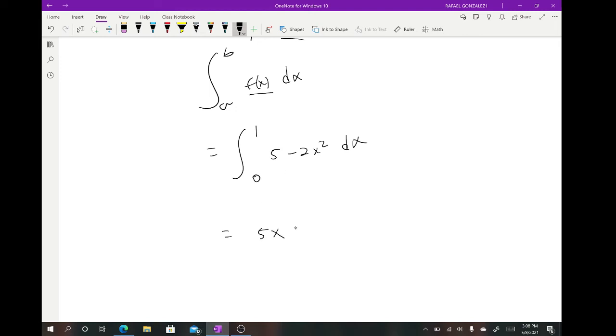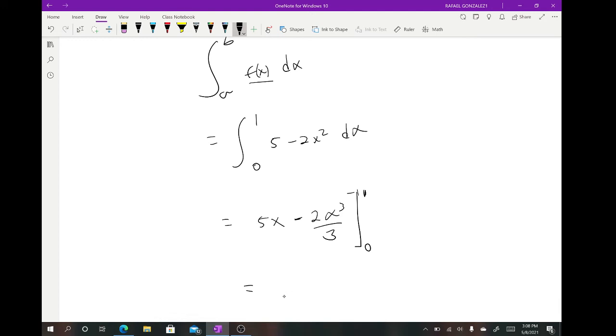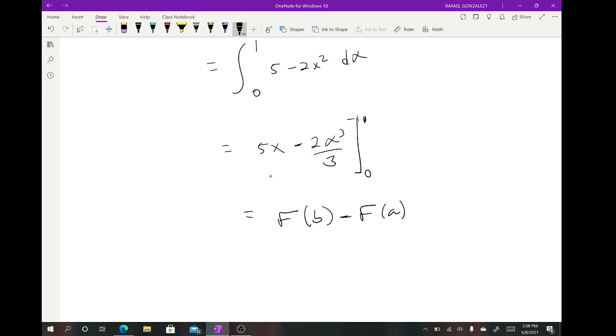The antiderivative of negative 2x squared is negative 2x cubed over 3, and we are evaluating this from 0 to 1. Now, by the fundamental theorem of calculus, this is equal to f of b minus f of a. What that means is the antiderivative we just found, evaluated at b, the upper value, minus the antiderivative evaluated at a, the lower value.